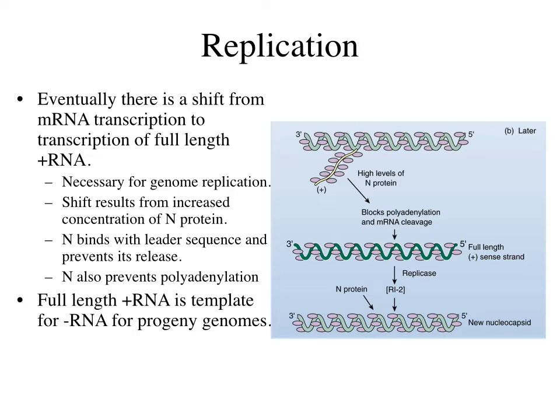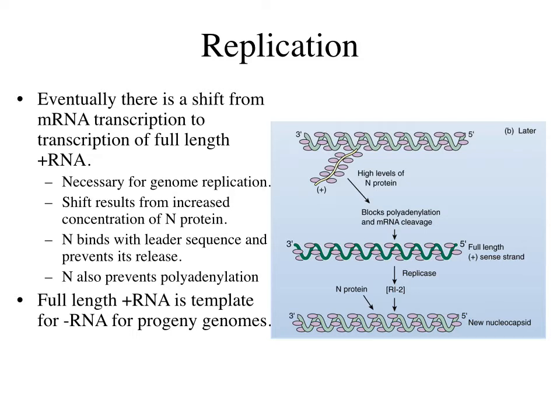The original input RNA that comes in with the infecting virus particle is complexed with N. This is not released for transcription. In the initial stages of infection, N is translated from messenger RNA and concentration increases. Remember, N is the most abundant protein that's produced in an infected cell.